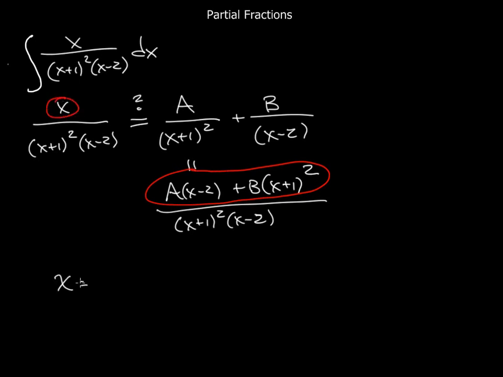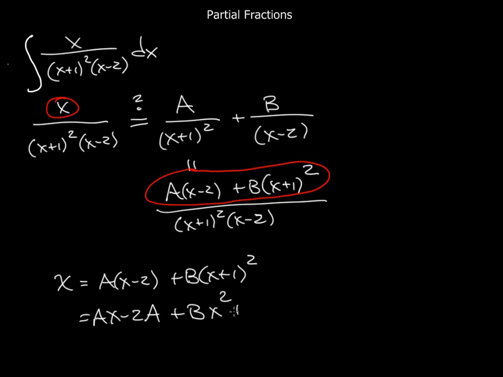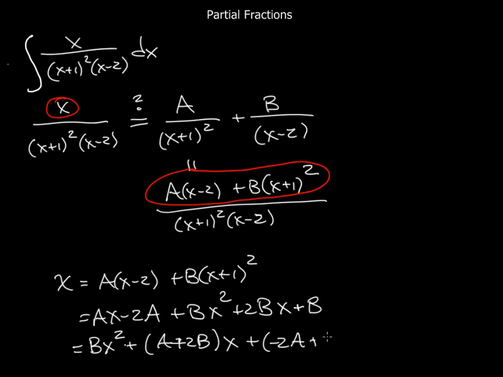And so you have to solve x is equal to A times x minus 2 plus B times x plus 1 squared, which is Ax minus 2A plus Bx squared plus 2Bx plus B, and you square the second term out. And if you group terms, this is Bx squared plus A plus 2B times x plus minus 2A plus B.